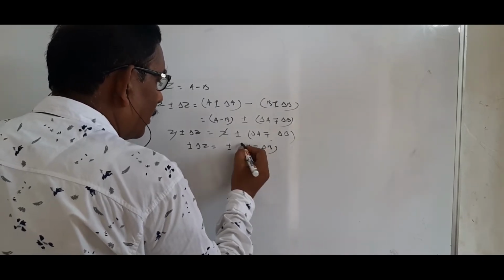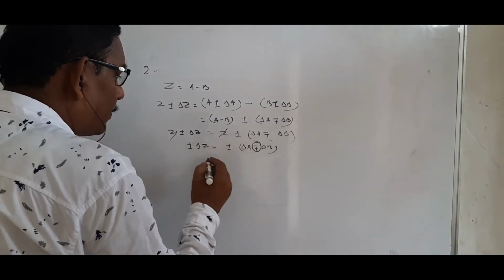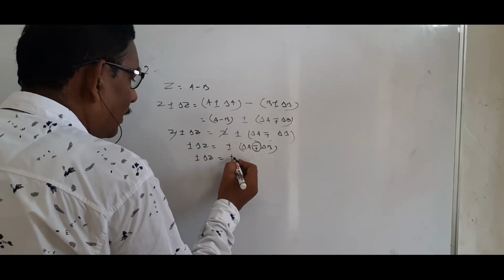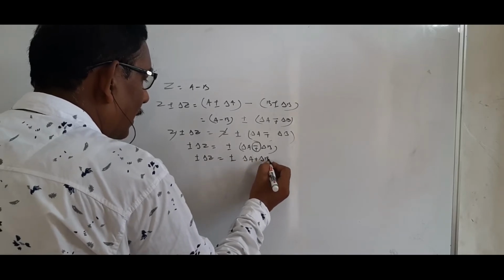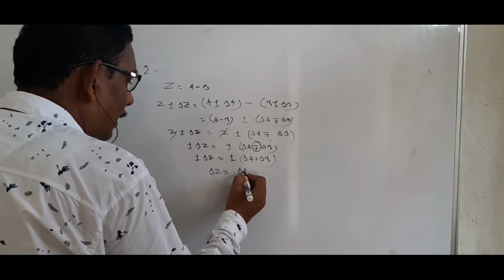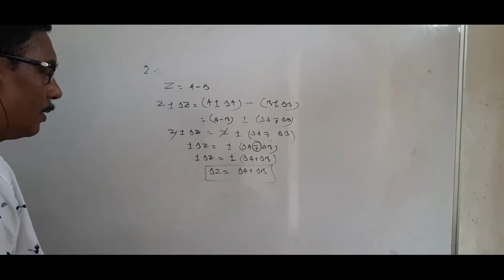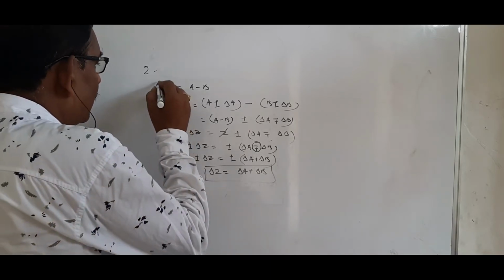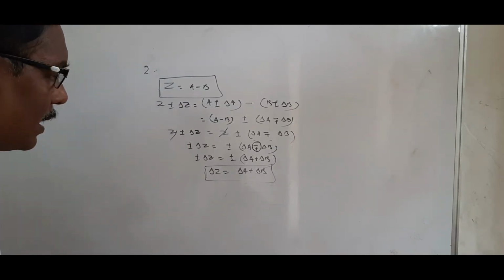But for the maximum possible error, you have to take the positive sign. So it became delta Z equal to plus minus delta A plus delta B, or delta Z is equal to delta A plus delta B. This is the maximum possible error to calculate the difference of two measured values.